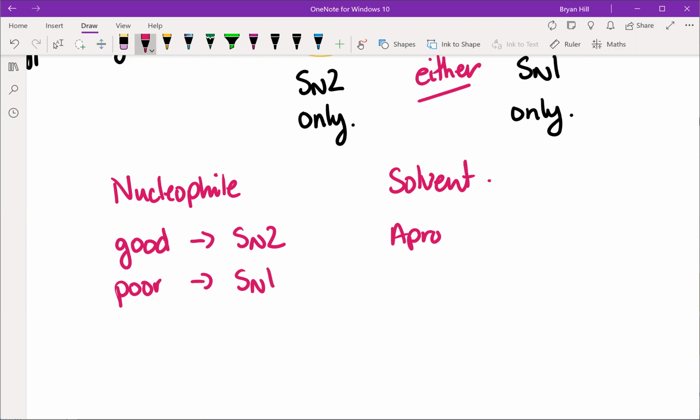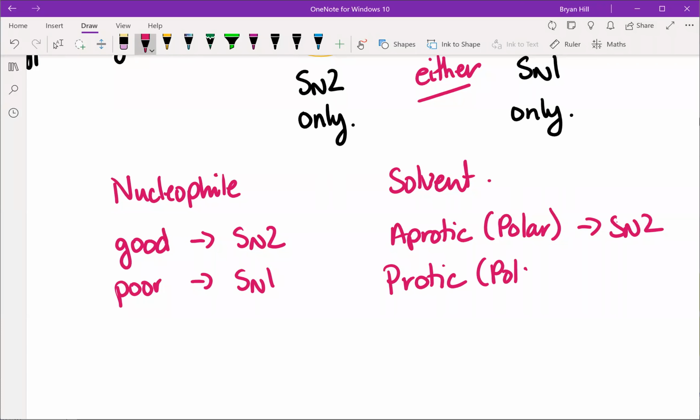Polar aprotic solvents favor SN2. Polar protic solvents favor SN1.